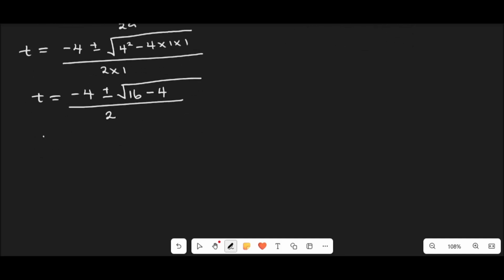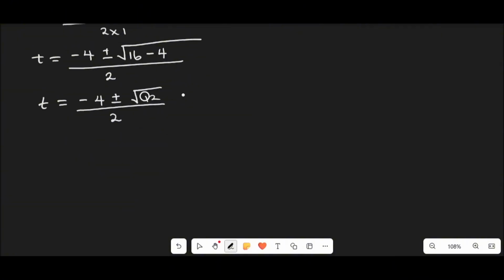So T equal to minus 4 plus or minus root 16 minus 4 will give us 12 over 2. Root 12 can be written as 2 root 3. So the equation will reduce to T equal to minus 4 plus or minus 2 root 3 over 2.